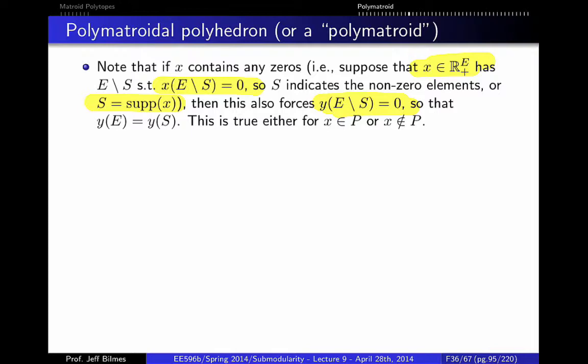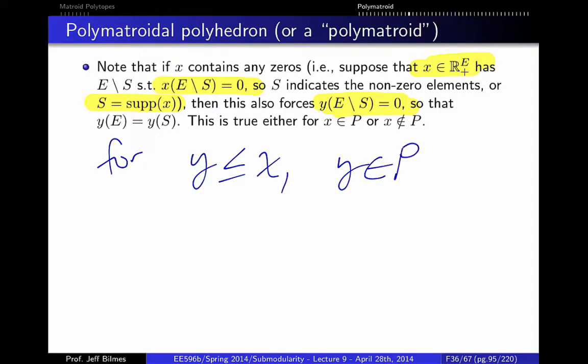In this particular case, you can think of y as being any subvector of x in the non-negative orthant. So let's just be most general. This is for y less than or equal to x and y in R plus.